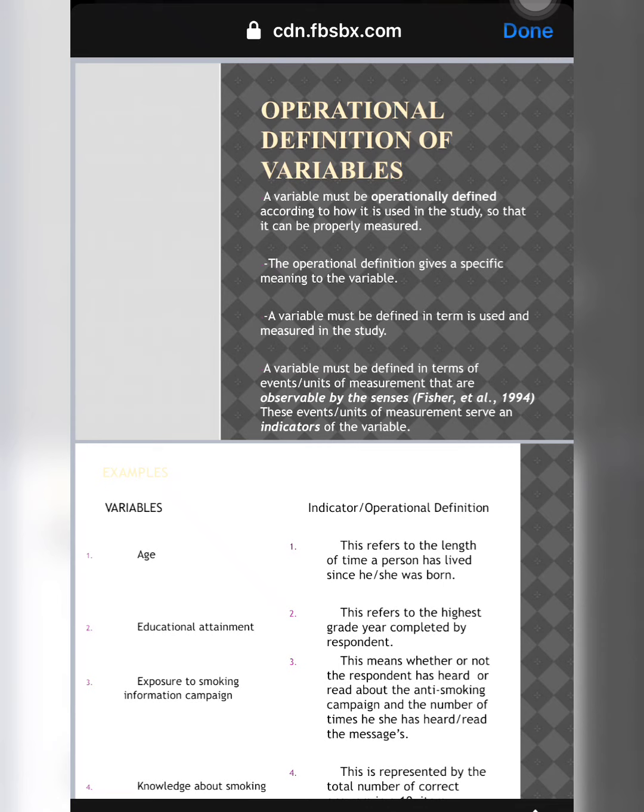So, ano ba ang ibig sabihin ng variable in research? So, ipapaliwanag ko. Variable, tumutukoy lamang sa isang tao, lugar, bagay o phenomenon na sinusubukan mong sukatin sa ilang paraan.